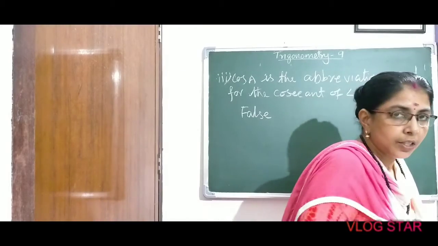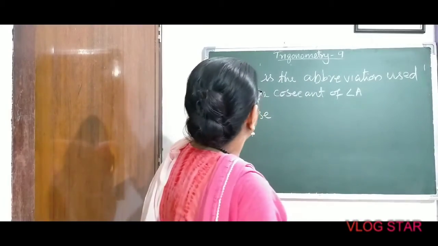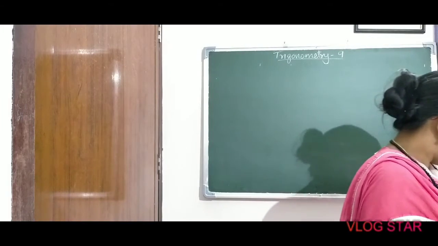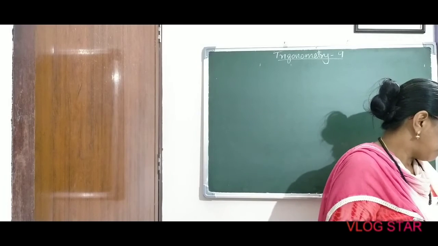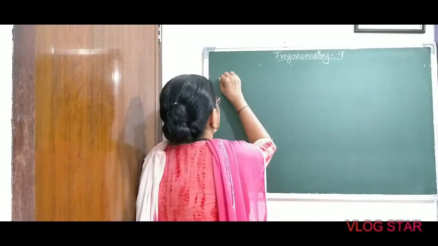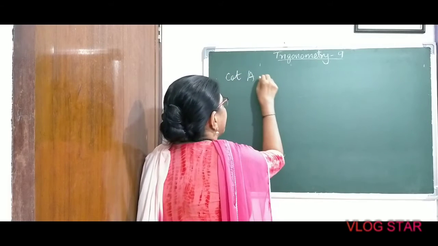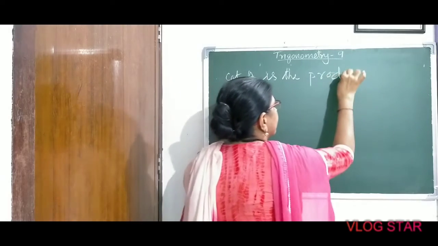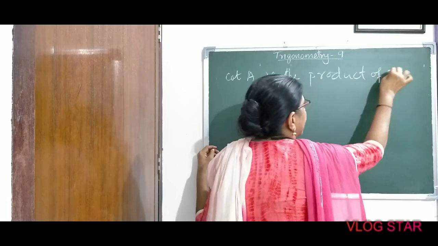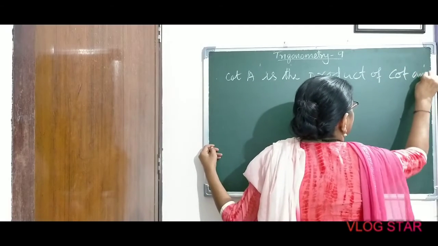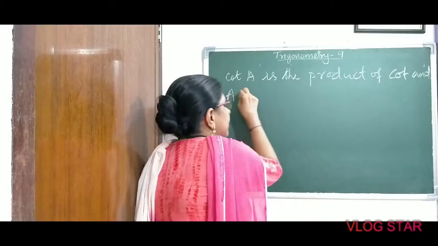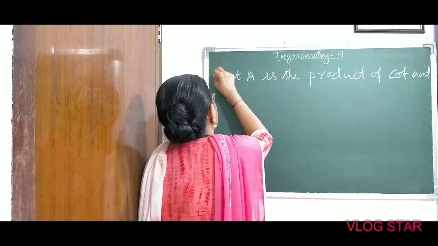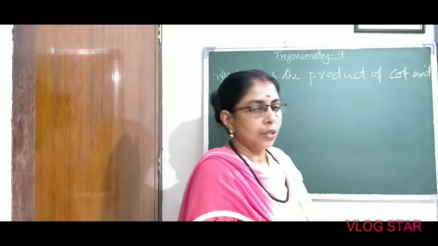Next, move on to the next statement. The fourth statement is: cot A is the product of cot and A. Is this statement correct or not?